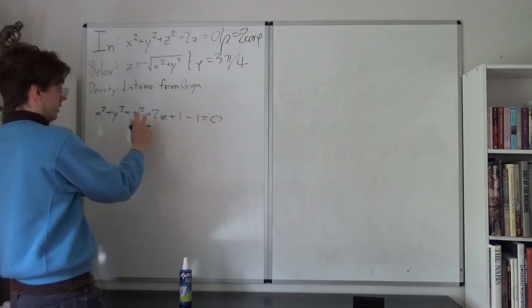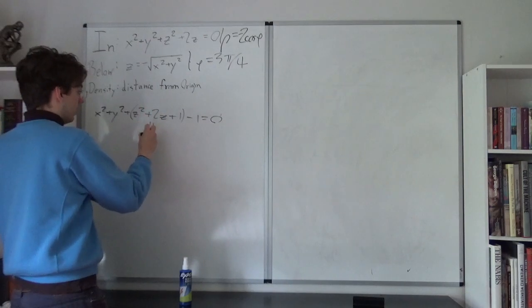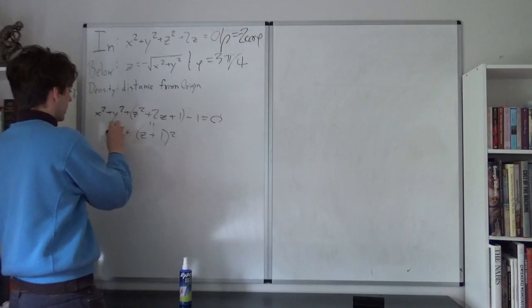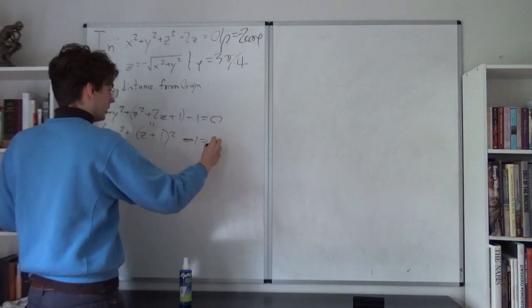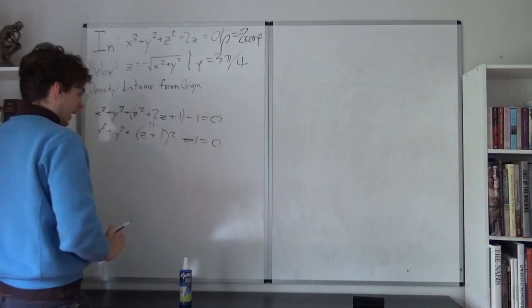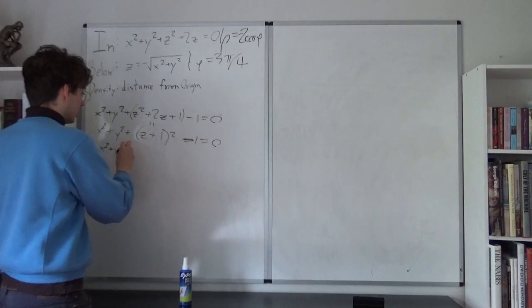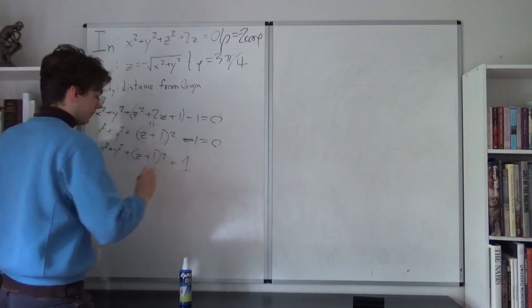So that this becomes z plus 1 squared plus y squared plus x squared minus 1 equals 0, okay? And this then gives us x squared plus y squared plus z plus 1 squared equals 1.